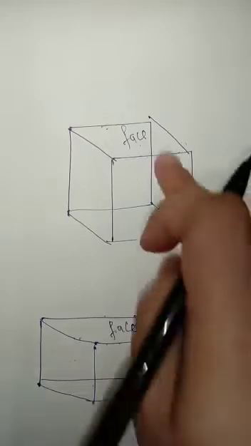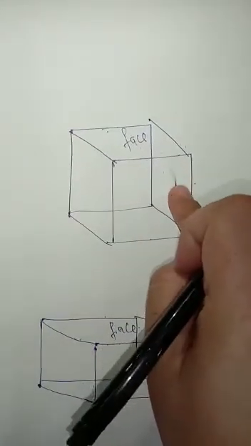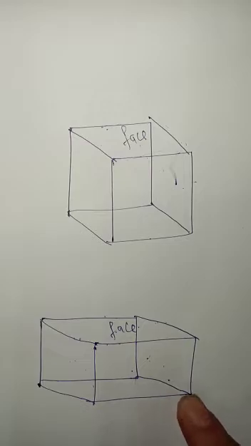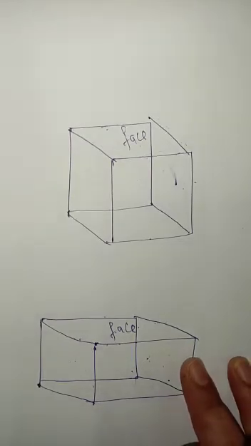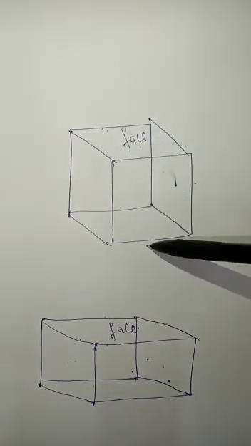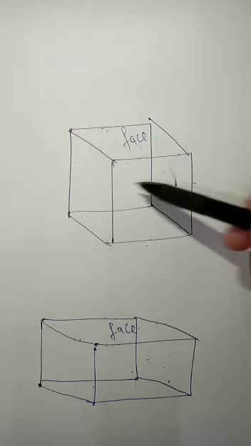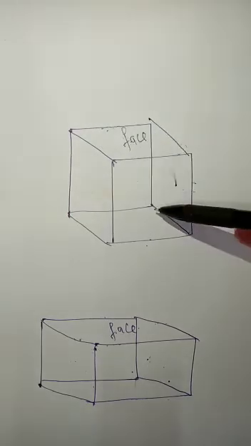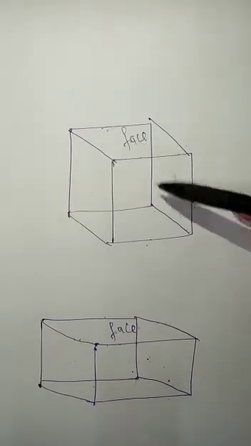Now there are so many faces in the case of a cube and a cuboid which we can easily count. So 2 faces. Now how many faces are there? Upside, downside, both the sides left and right, back side, front side. So there are so many faces.